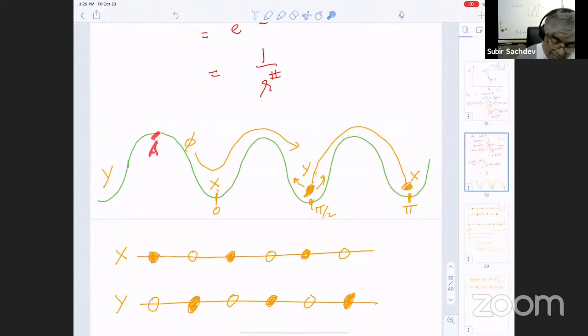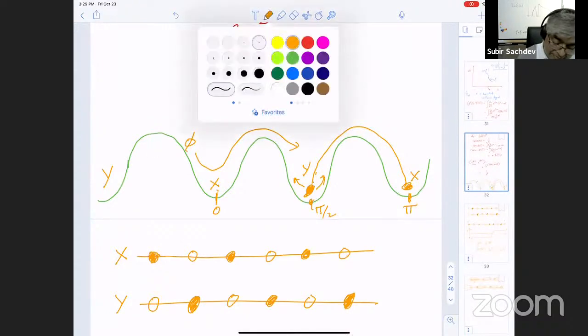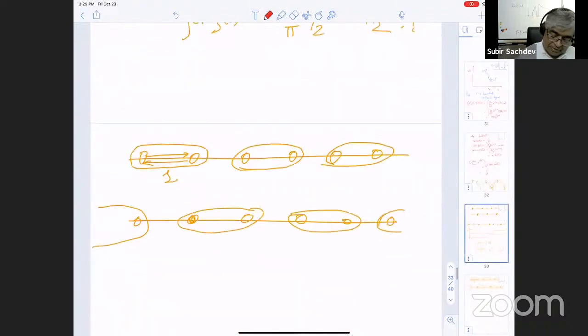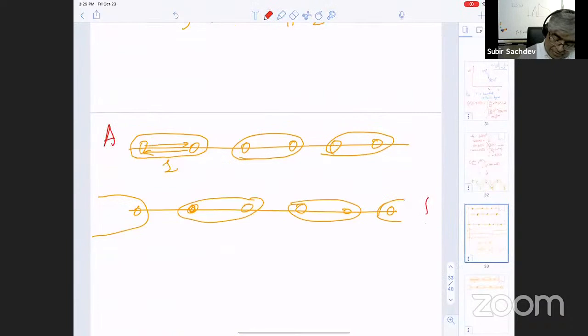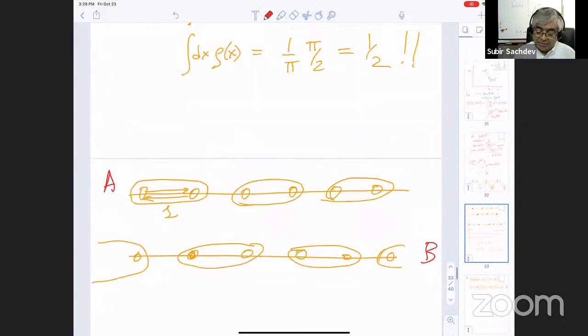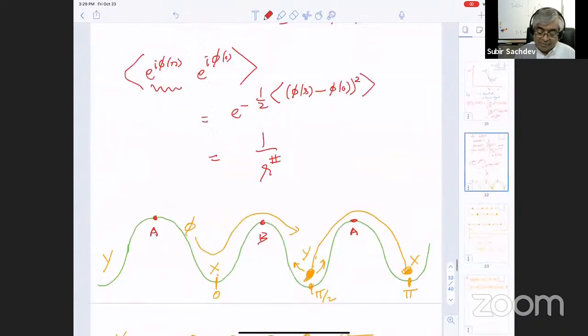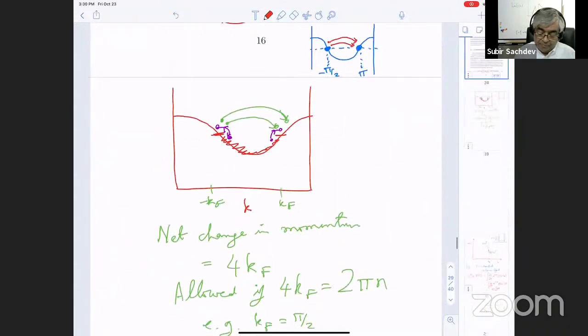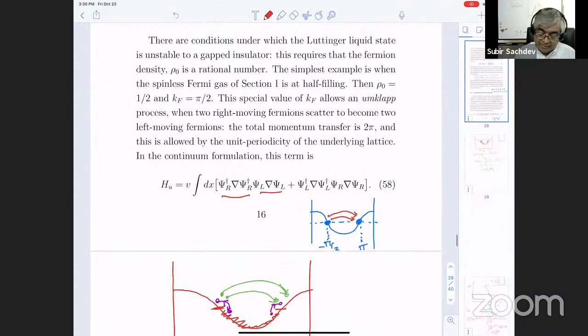Let me call that point A. This point here would be a B, and this would again be an A. And these A, B, A correspond to these states. This is the A state, and this is the B state. So this can also happen, and it just depends on the microscopics. When you actually work out carefully from the microscopics what this coupling is, oh, I don't know why I called it V. It should be lambda.